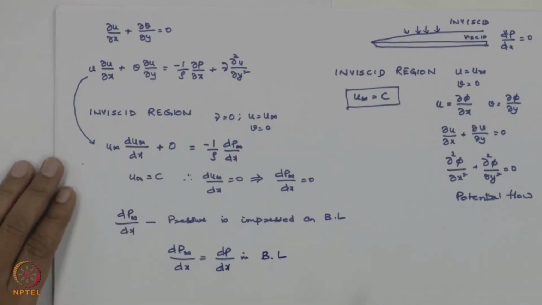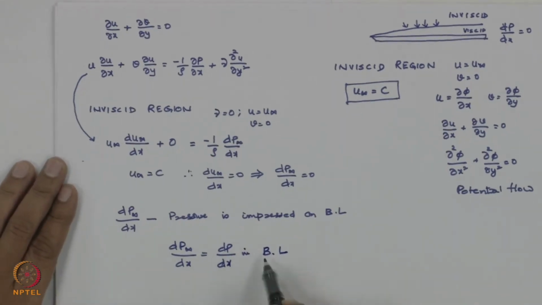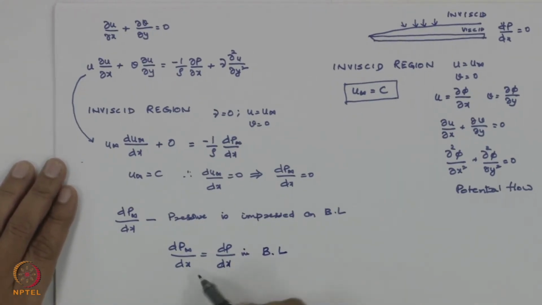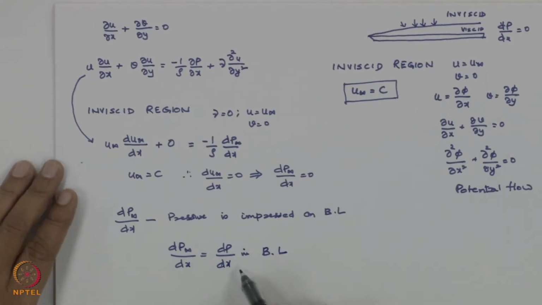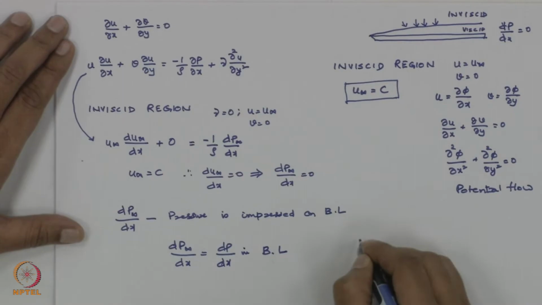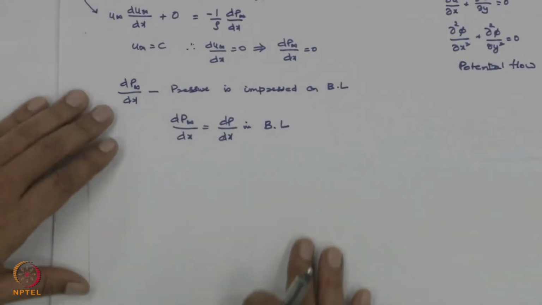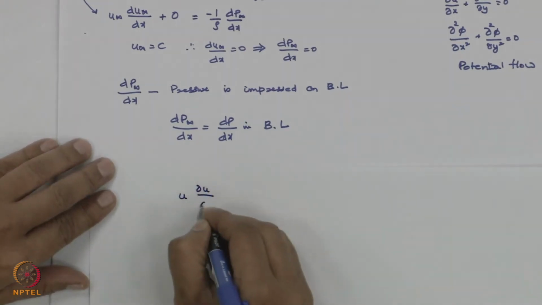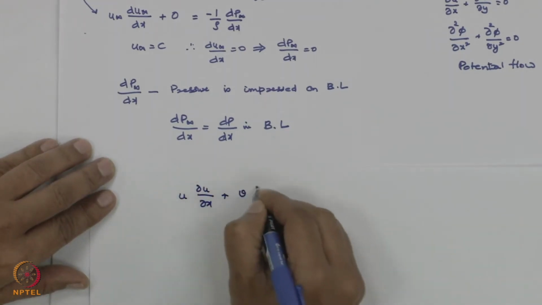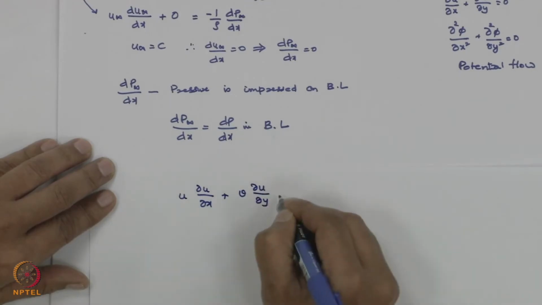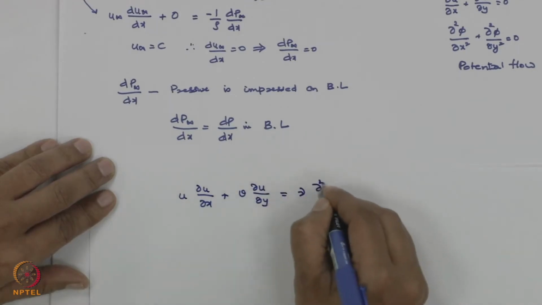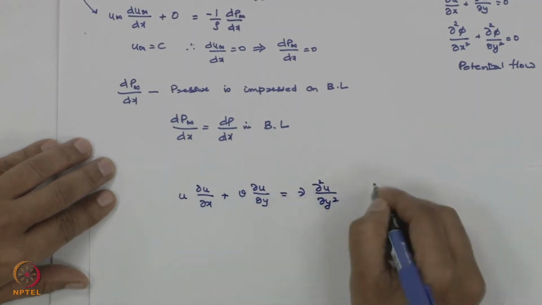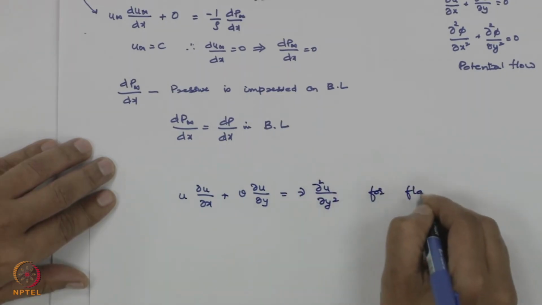But dP infinity by dx is 0. So dP by dx in the boundary layer is 0. So you get the boundary layer equation u del u by del x plus v del u by del y equal to nu del squared u by del y squared for a flat plate.